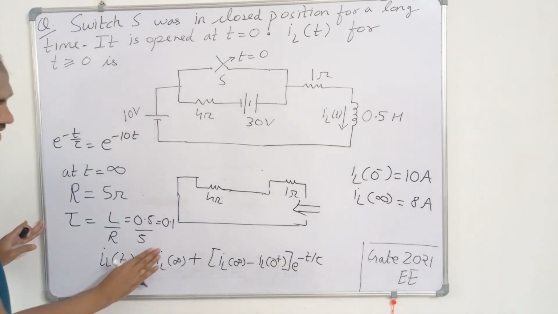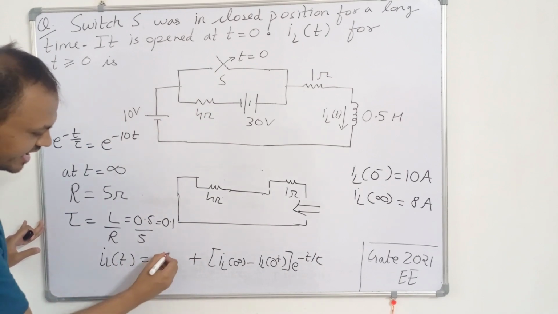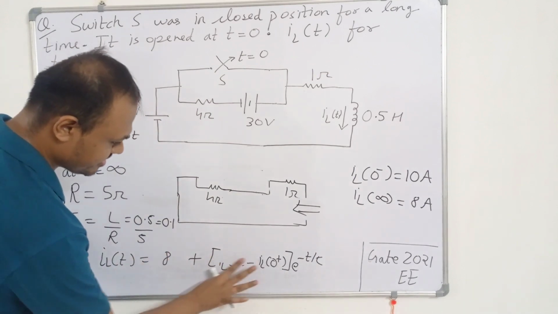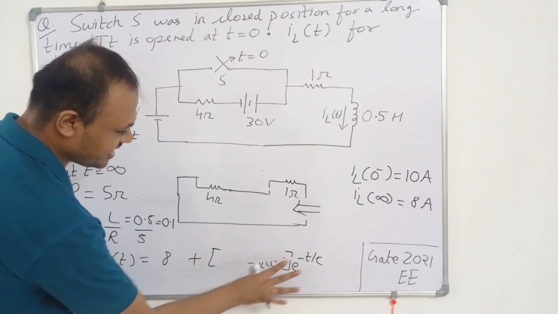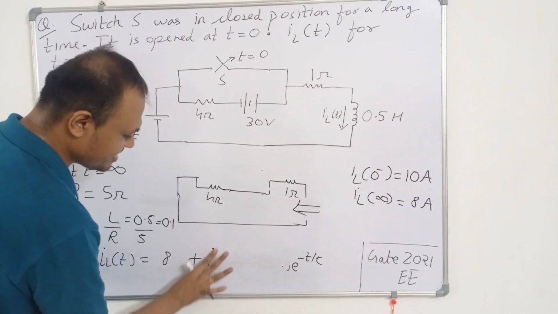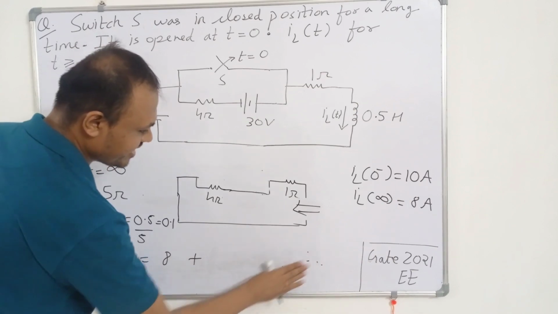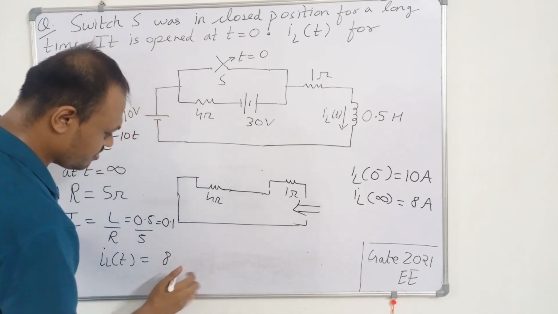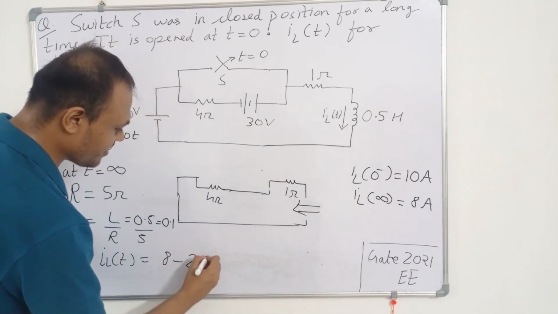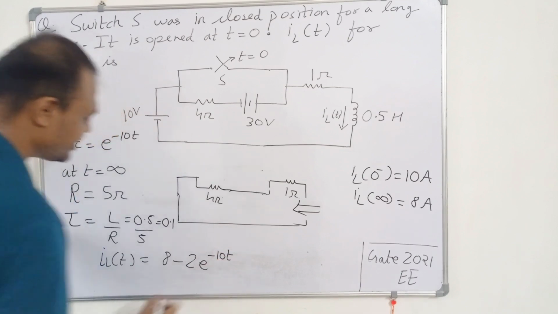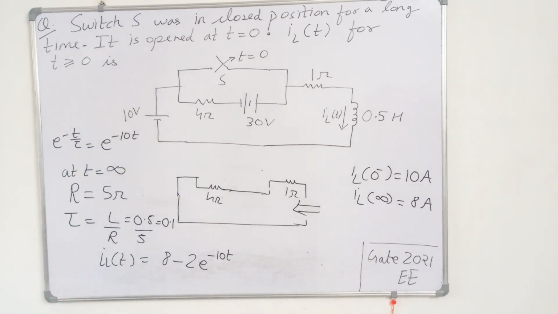IL of infinity is 8. So 8 plus 8 minus 10. So 8 minus 10 is minus 2. So minus 2 e to the power minus 10t. This is the answer.